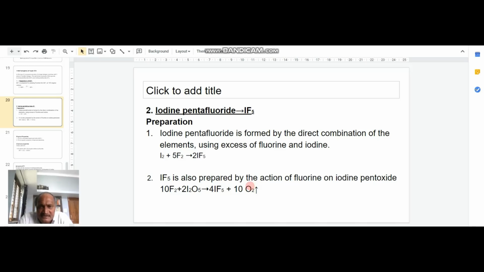So this is the second method. In the first method, iodine and excess of fluorine are used directly to prepare iodine pentafluoride, whereas in the second method, excess of fluorine is treated with iodine pentoxide to obtain 4 moles of iodine pentafluoride.